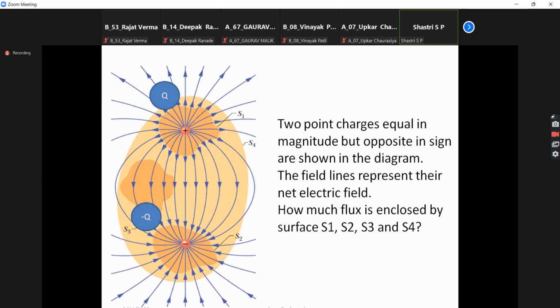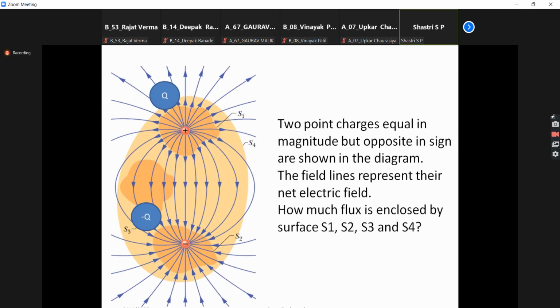Here, how much flux is enclosed by surface S1, S2, S3 and S4? Where is this now? S1, okay. S4, okay. S3, okay, it is visible. And what else? S2 also, okay. Any guessing?